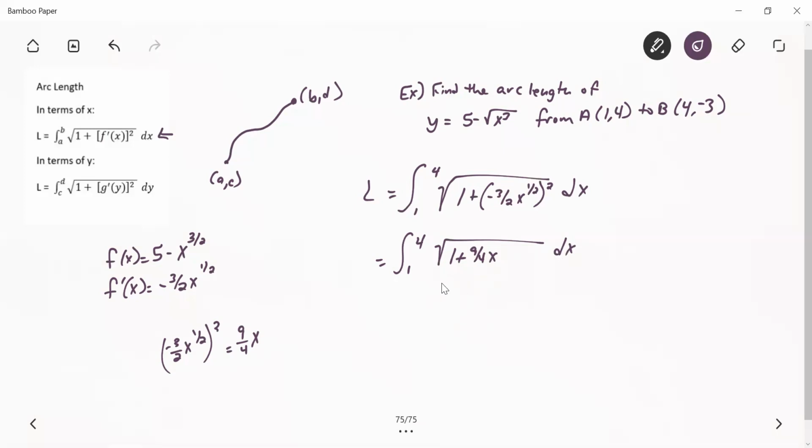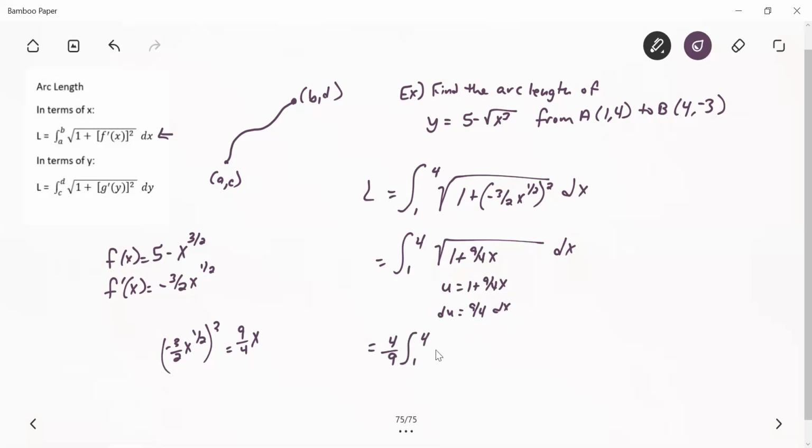All right, let's do a u substitution. So du is going to be 9/4 dx. Okay, that's pretty simple. So I have my dx, but I don't have a 9/4, so I have to bring out a 4/9 because we'll just invert that, because 4/9 times 9/4 gives me 1.